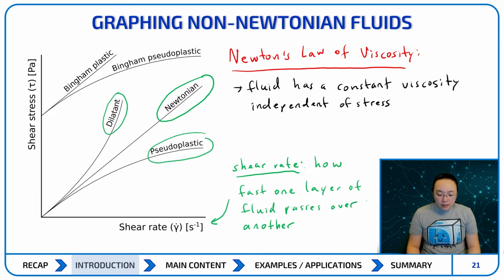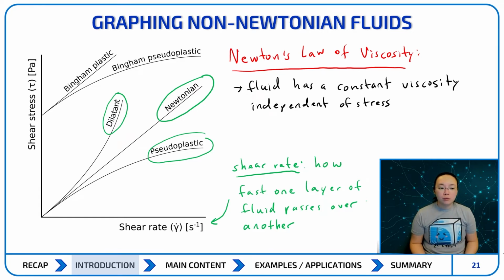Dilatant fluids traditionally have increasing viscosity with increased stress. So these would be like cornstarch in water. As you're stirring something faster and faster, it's going to get more and more viscous. So that is a dilatant non-Newtonian fluid. Then you have a pseudoplastic fluid, which has decreasing viscosity with increased stress.